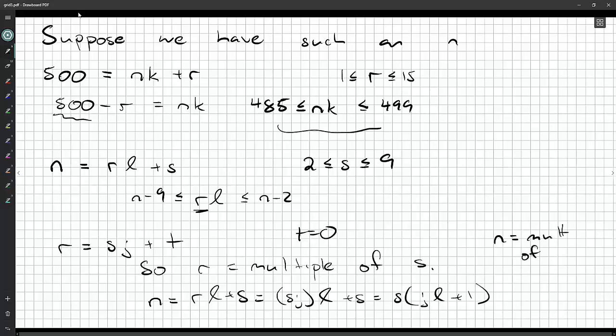N is a multiple of S. Not only that, same thing up here, 500 is a multiple of S, and that should narrow down, because there's only so many multiples of 500 in this range. So that can narrow down what the S's can be, that would narrow down what the R's can be, and that should, in theory, narrow down what the N's can be, I think.